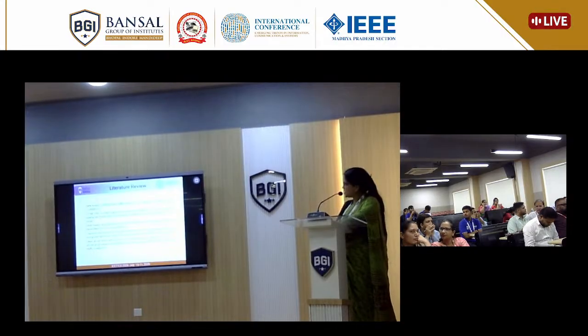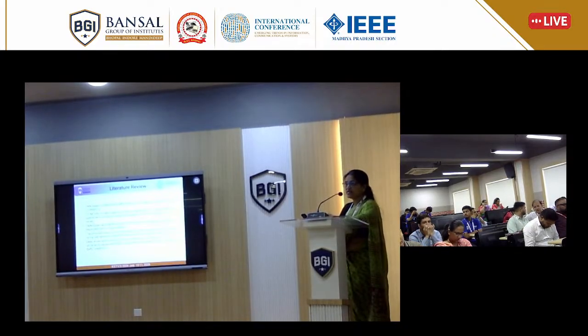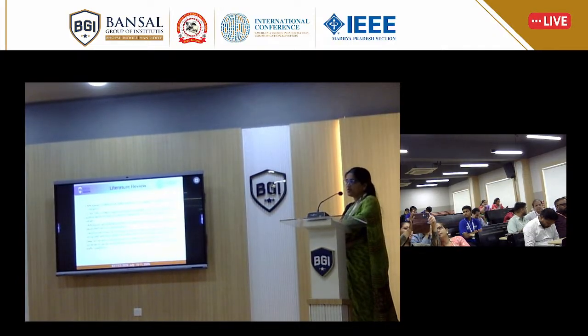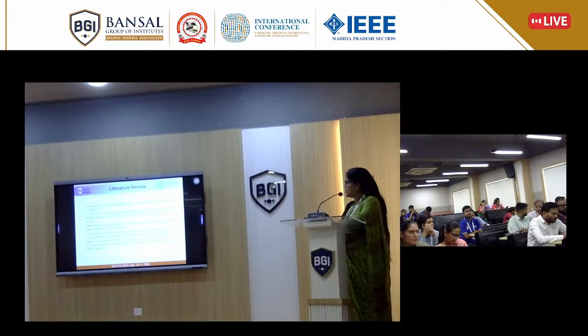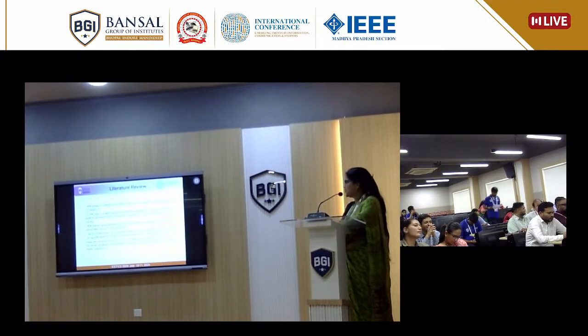CNN-based models treat the traffic network as an image to capture spatial correlations. LSTM, the long short-term memory model, captures temporal dependency, but it predicts less accurately at the time of congestion. Then GNN-based approaches such as the spatial temporal graph convolutional network and temporal graph convolution network capture spatial dependency on the road network.